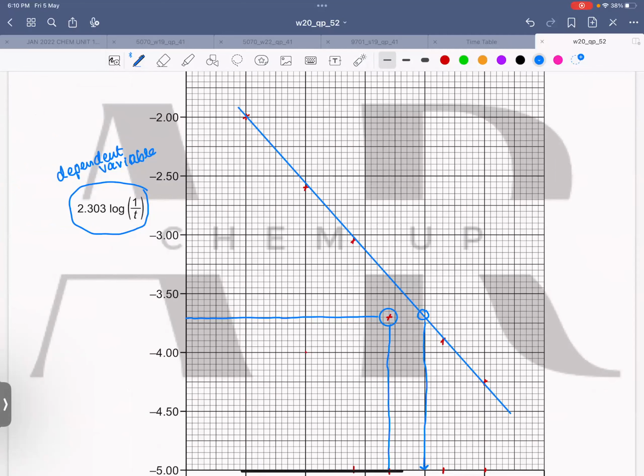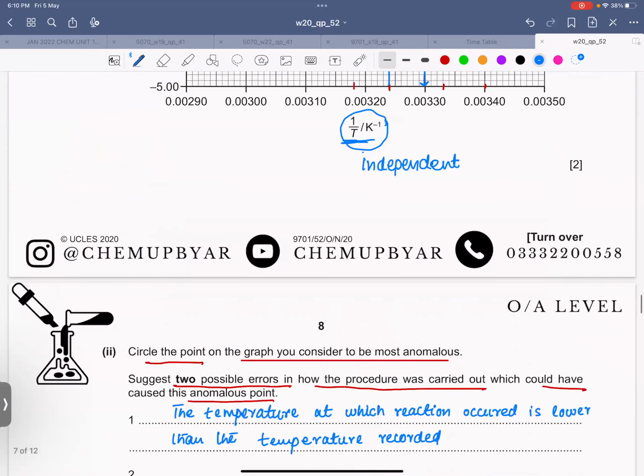So according to the y-axis, if we look at the line, this can be over here, which is indicating that we have recorded a greater time than the time that is actually taken by the reaction, or taken by the cross to disappear. So that can be the other possible error.